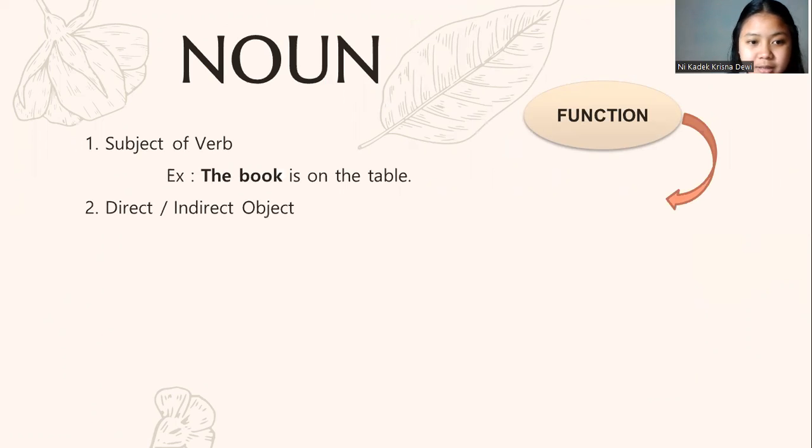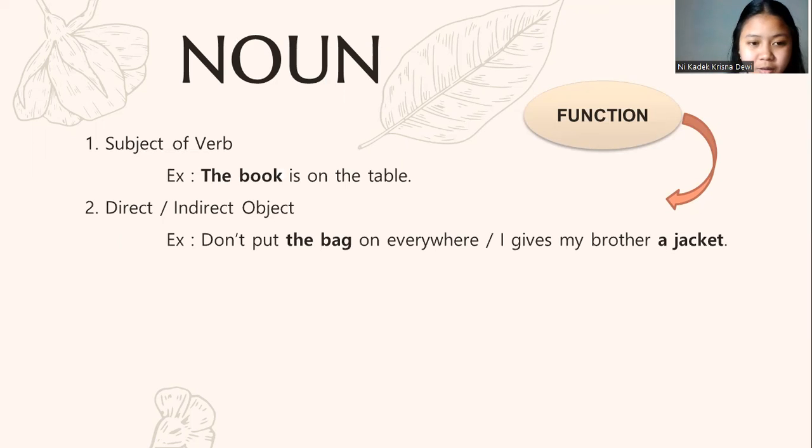The second is direct or indirect object. Noun as a direct or indirect object. Example of direct object is, don't put the bag everywhere. And the example for indirect object is, I give my brother a jacket. Number 3, subject or object complement.